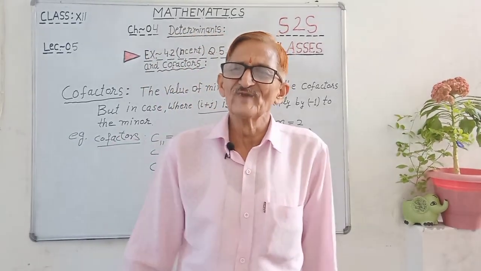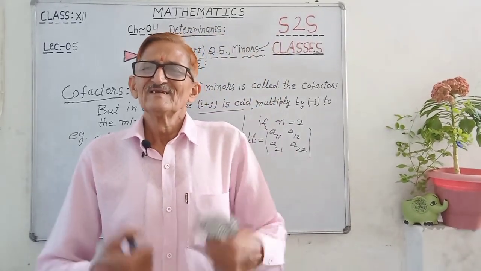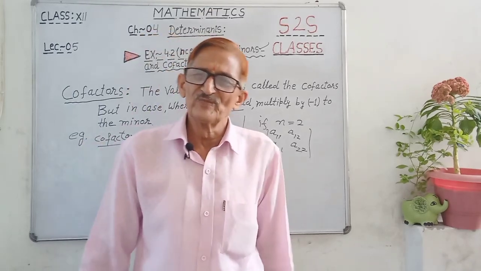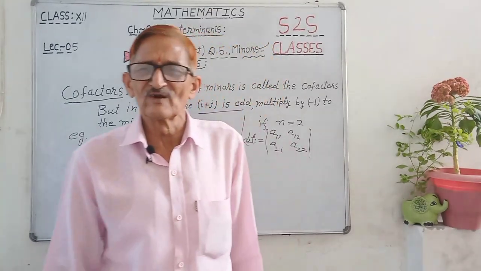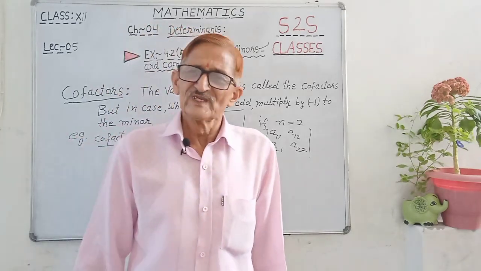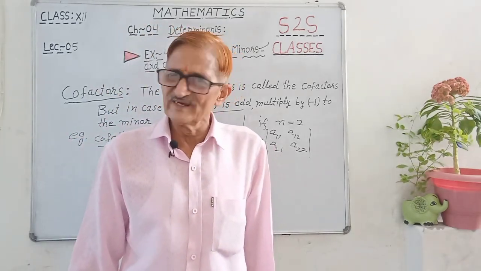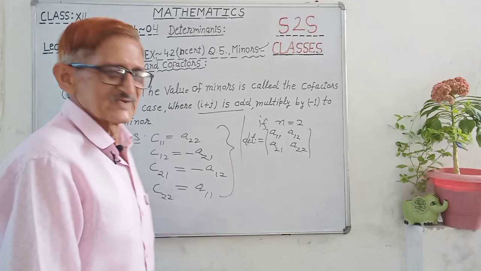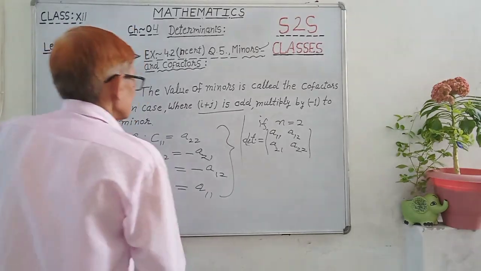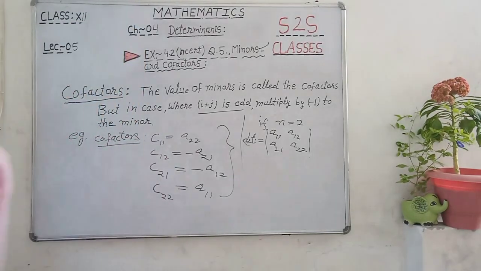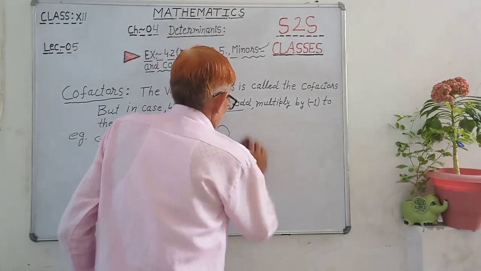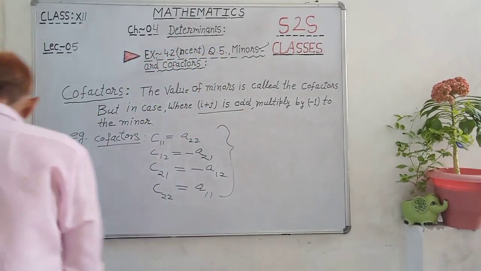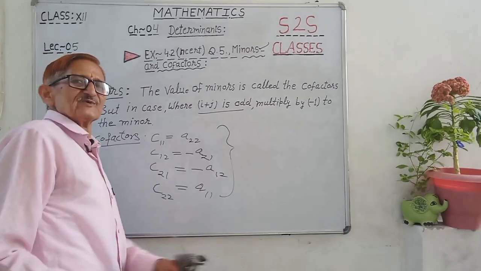If the minor is negative, multiplying by minus makes it positive. After this, I will give a specific example, and then you will understand minors.